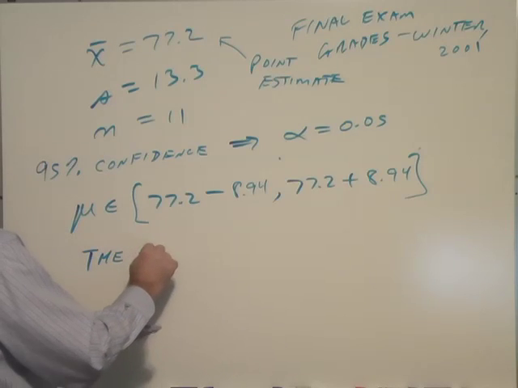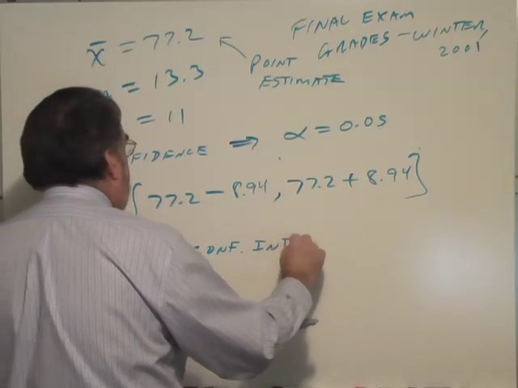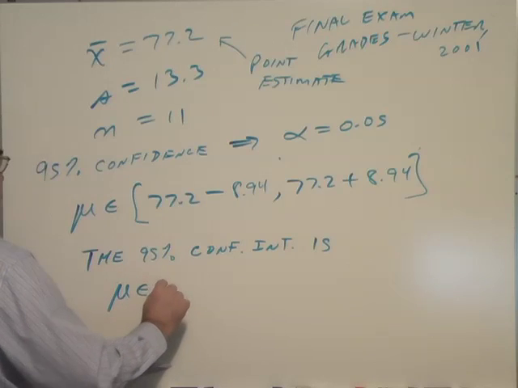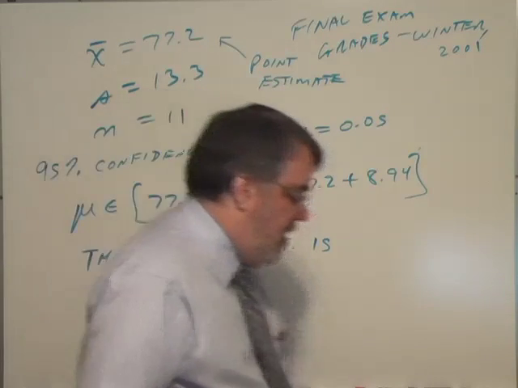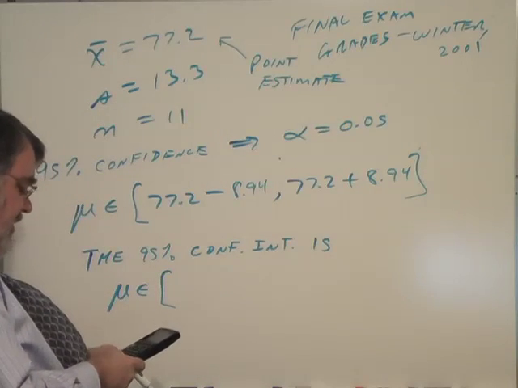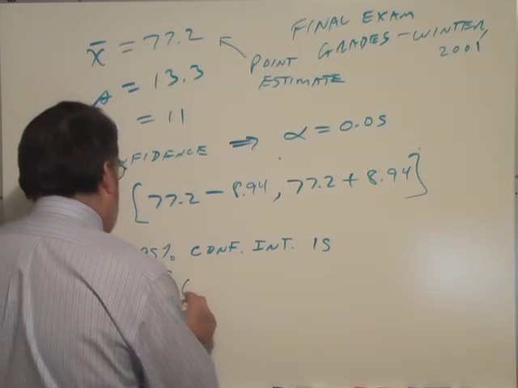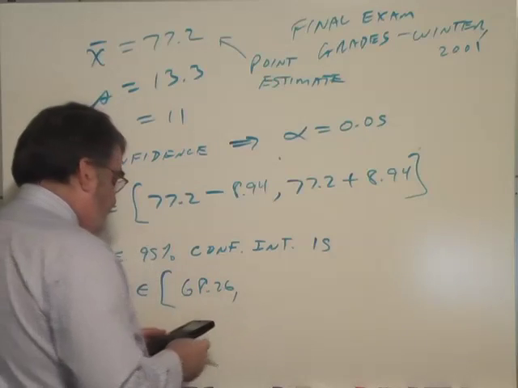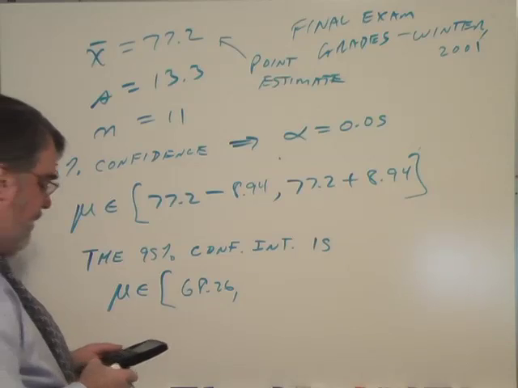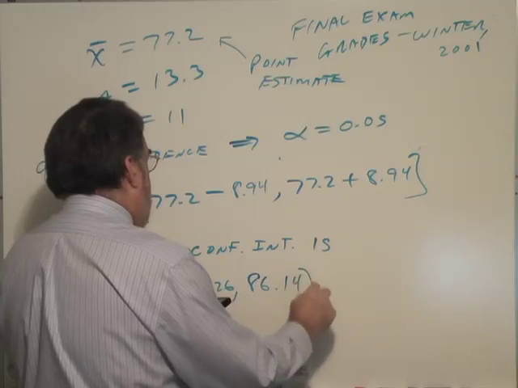The 95% confidence interval is mu belongs to, and get my calculator here, 77.2 minus 8.94 is 68.26, and then the same calculation but adding 8.94 gives us 86.14.